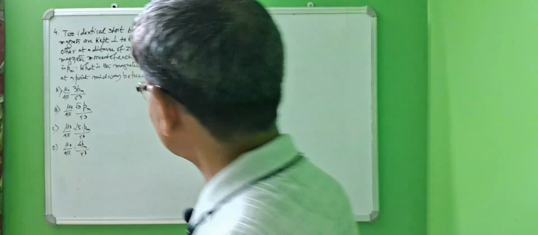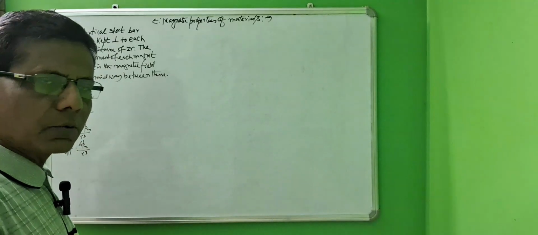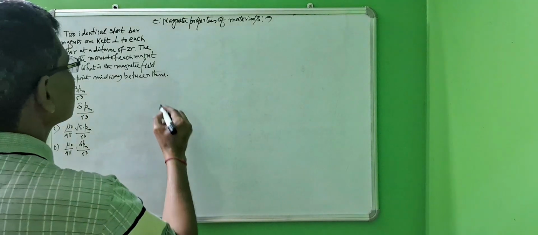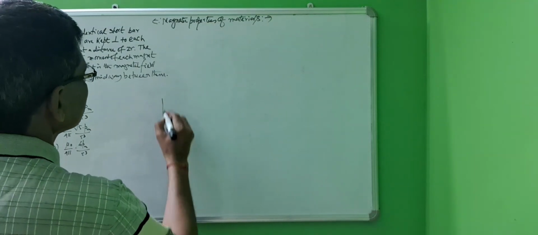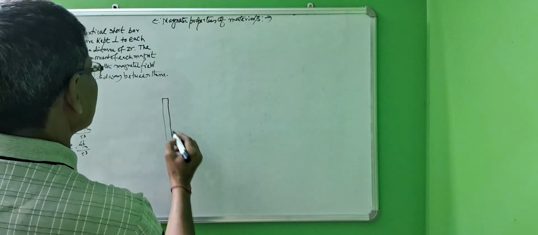So these two are arranged in a perpendicular pattern. How? Suppose this one is a short bar magnet.